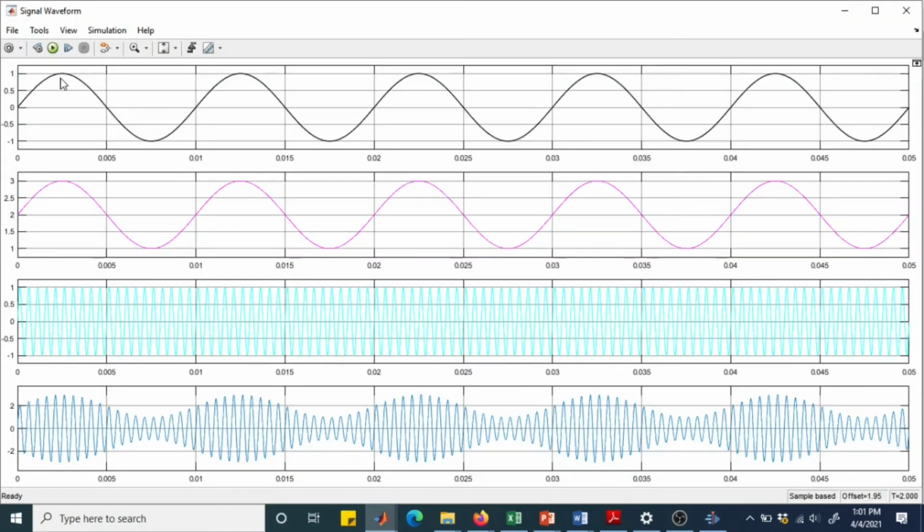This is our message signal, which is having the peak value of +1 and the negative peak is at -1. So we give a DC offset of +2, so this 1 goes to 3 here and this -1 goes to +1. So now the offset message signal is oscillating between +3 and +1.